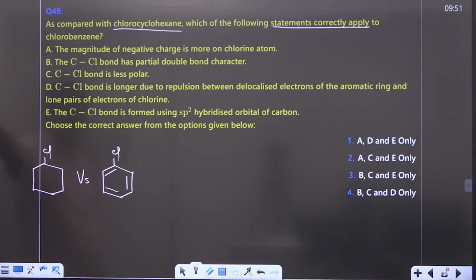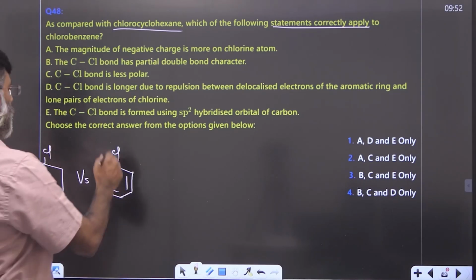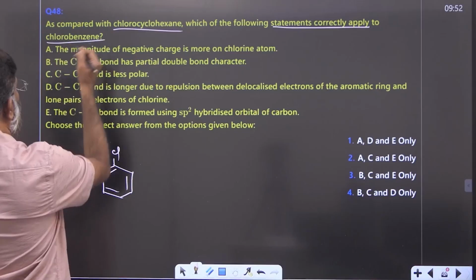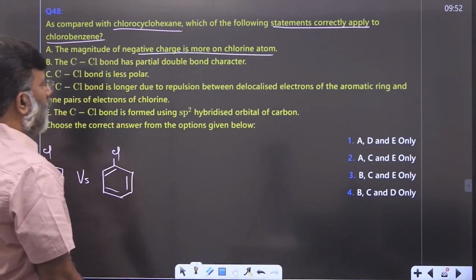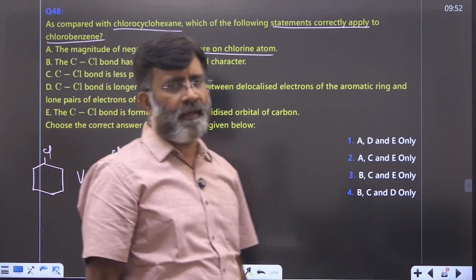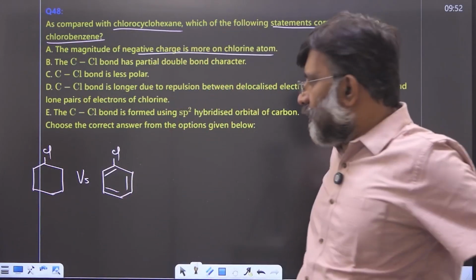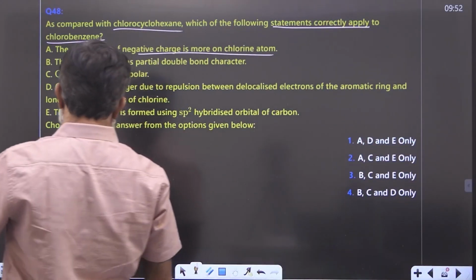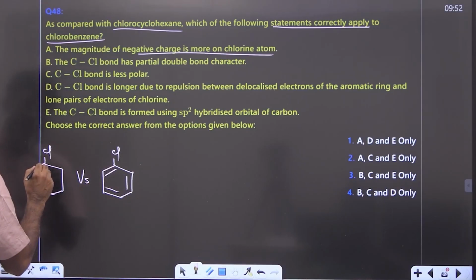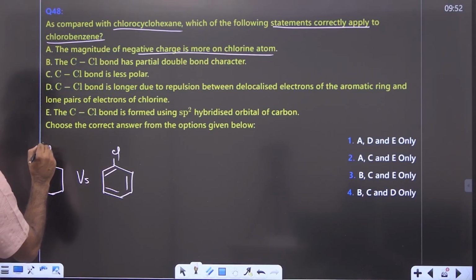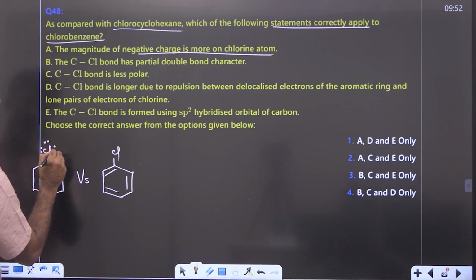Option A: the magnitude of negative charge is more on the chlorine atom in chlorobenzene. No, it's a wrong statement. Here there is no resonance, the electrons are localized.